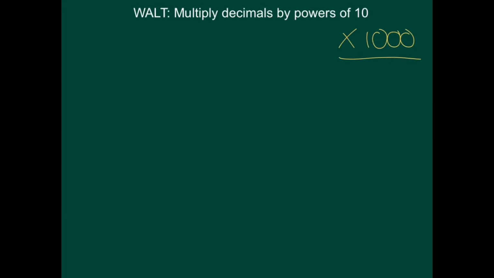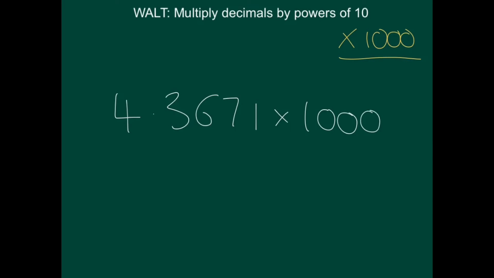And let's look at the number 4.3671 times 1,000. Alright, so we've got quite a big number here, but it's the same rule as before. Because we are timesing by 1,000 now, we've got 1, 2, 3 zeros.